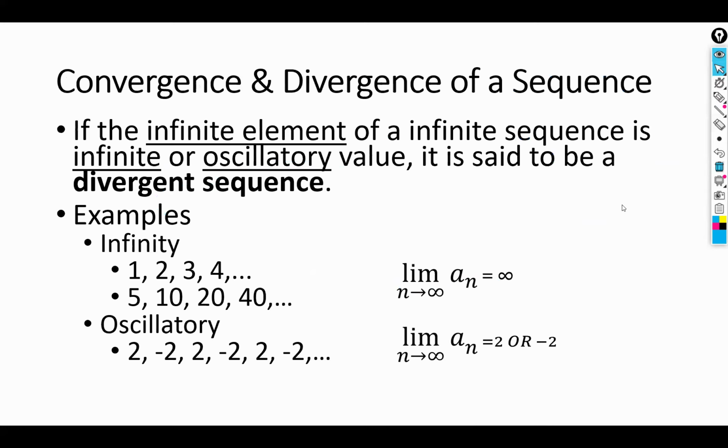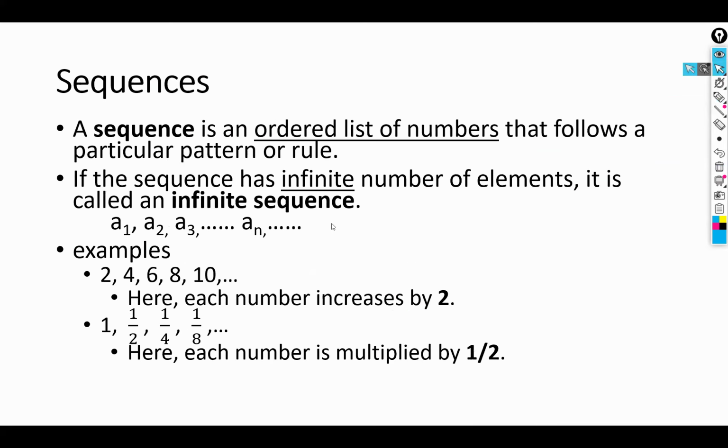Right. So when it comes to infinite sequences, now you know what an infinite sequence is. That is a sequence where you don't think about the last term. It can go forever. Okay? So infinite sequences can be either convergent or divergent.